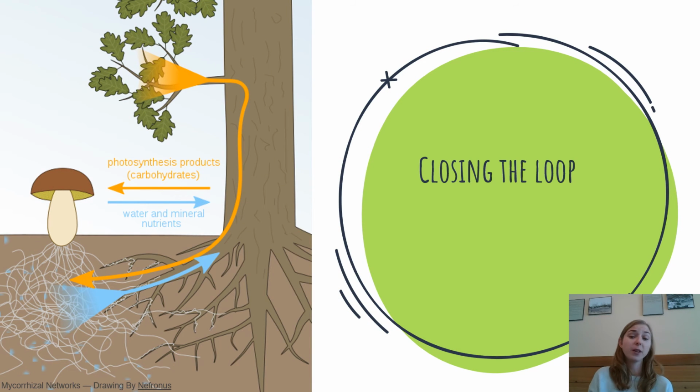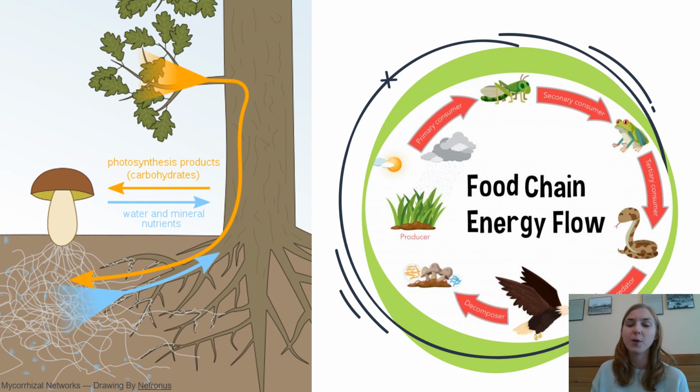So this is a really important process in the food chain and the cycle of life, because it's the link that ties the end to the beginning. This relationship of plants giving sugars to decomposers and them providing water and nutrients to the plant. They are closing the loop of the food chain.